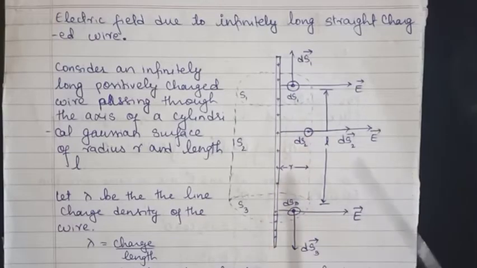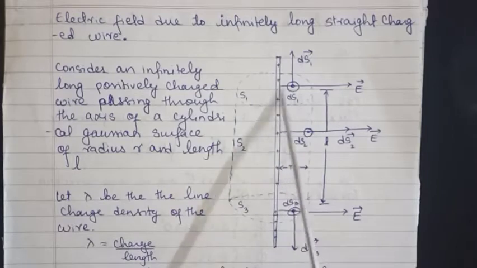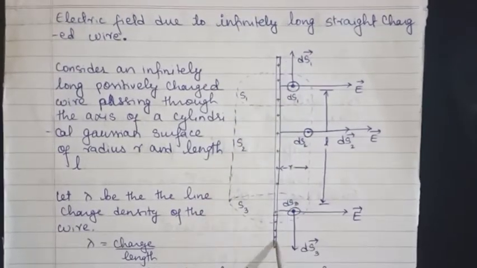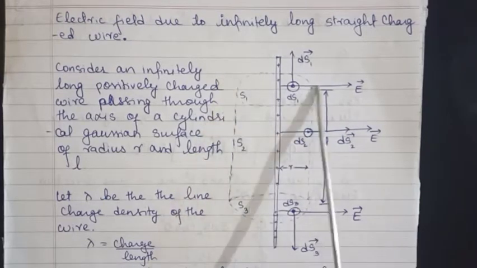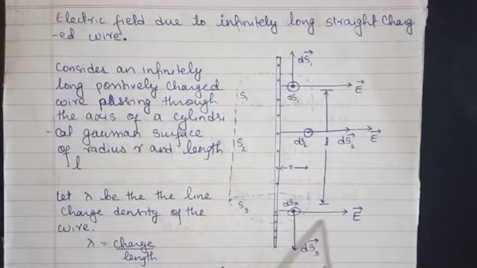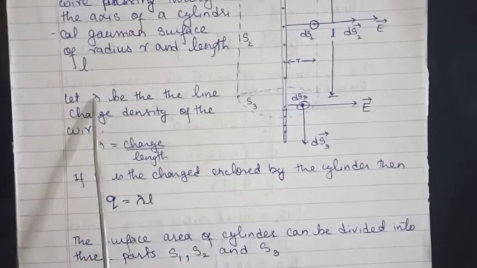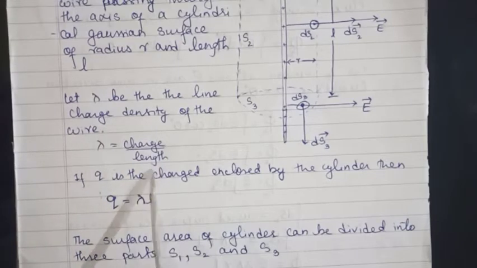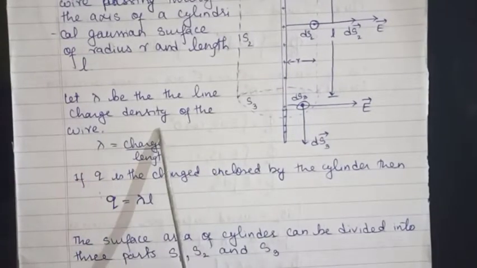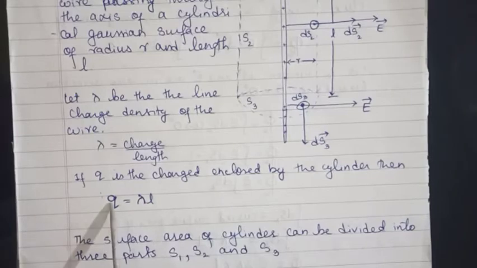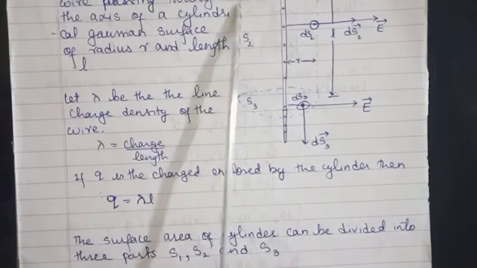So now this is the same picture which I have explained. So this is an infinitely long wire, and the charge density of this wire is lambda, and we are considering a Gaussian surface around it, and the shape of the Gaussian surface is a cylinder, and the radius of this cylinder is R and length is L. And we know the line charge density is given by lambda is equal to charge by length, and for this cylinder, if Q is the charge, then lambda will be Q by L, and we can write Q is equal to lambda L. So this is the charge enclosed by this cylinder.